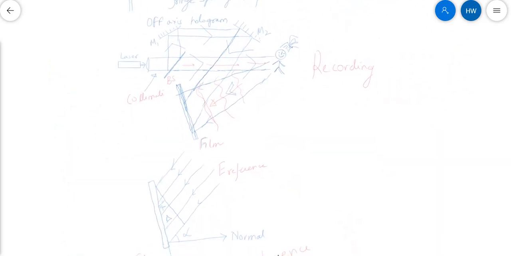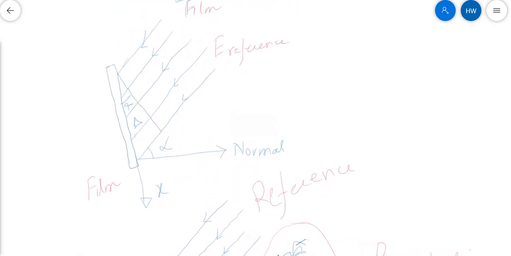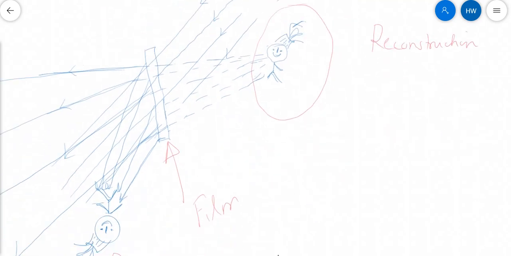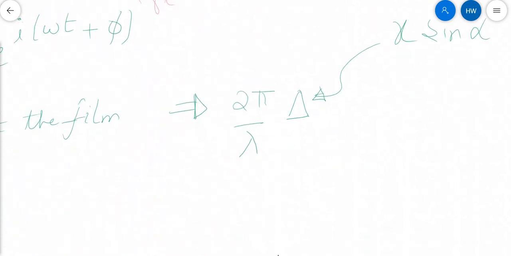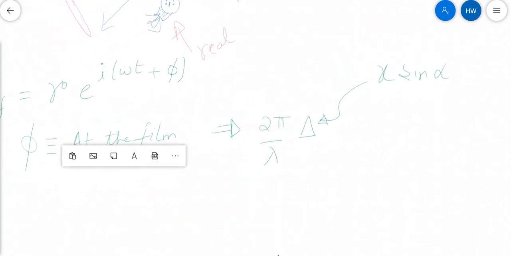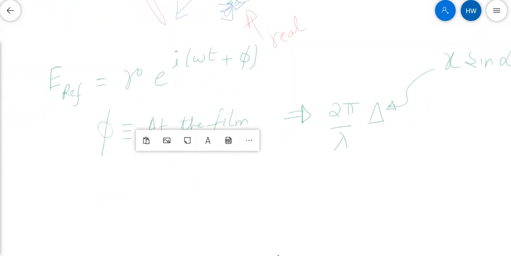So alpha was precisely this angle. So the delta, which is the path difference along the direction, so along the spatial location x along the film, depends on this angle alpha, and hence this is my path difference delta, which gives me this uniformly linearly varying phase across the film.